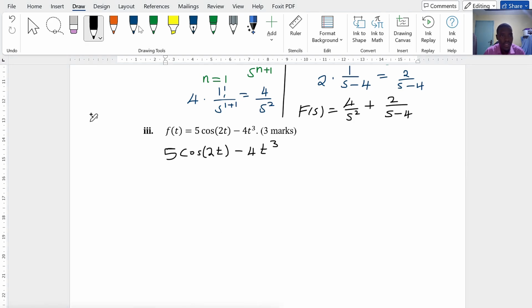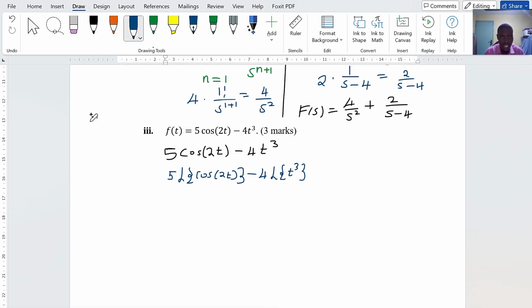So this we can rewrite as 5 times the Laplace transform of cos 2t, because 5 is a constant, minus 4 times, 4 is also a constant, 4 times the Laplace transform of t cubed. Now let's identify things here.